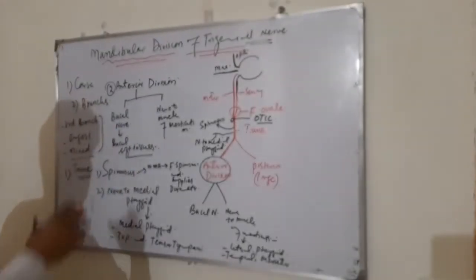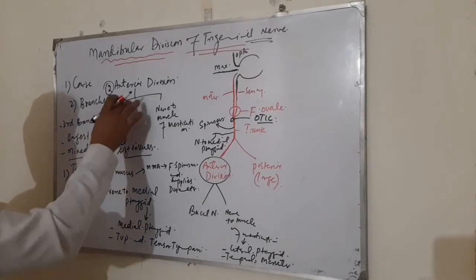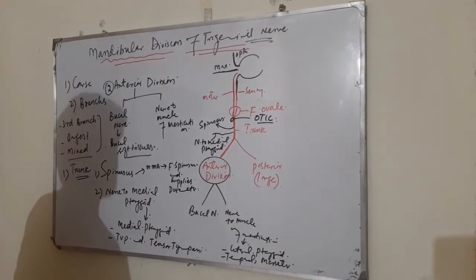So these are the nerve branches that arise from the anterior division.